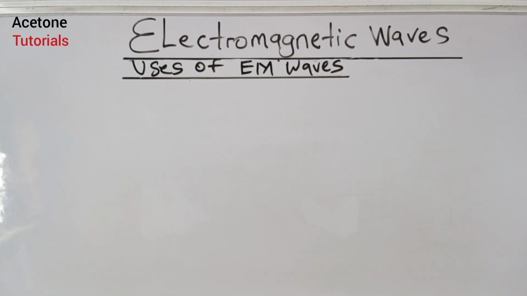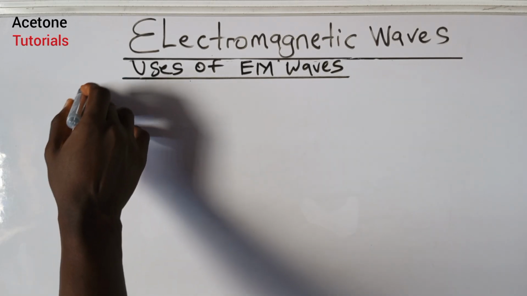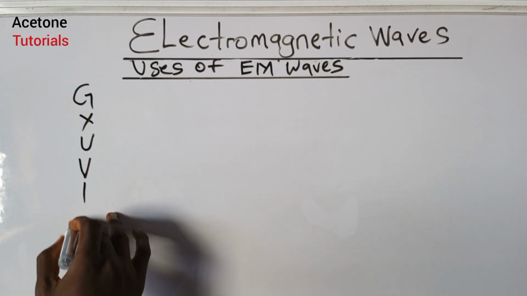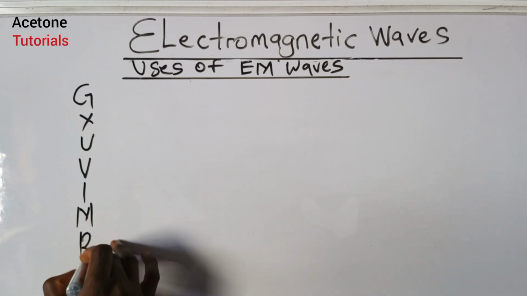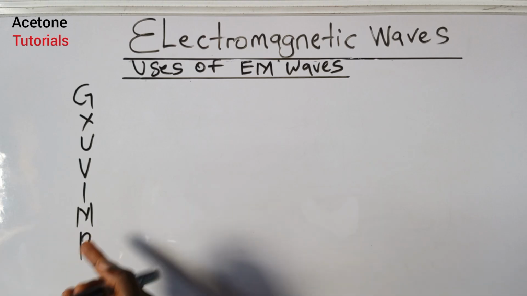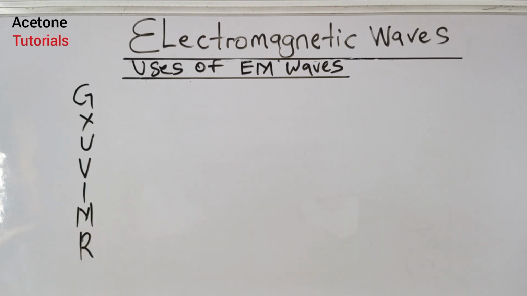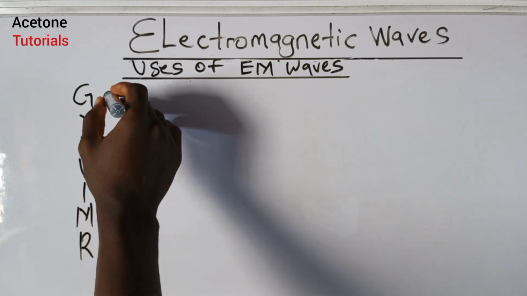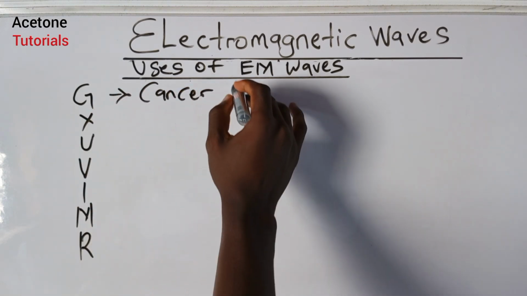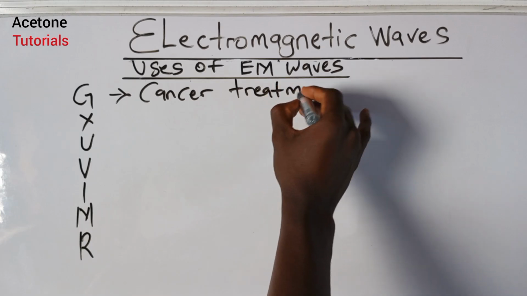Uses of electromagnetic waves. G, X, U, V, I, M, R. Gamma ray, X-ray, ultraviolet, visible, infrared, microwaves, and radio waves. Starting with gamma ray, it is used in cancer treatment.